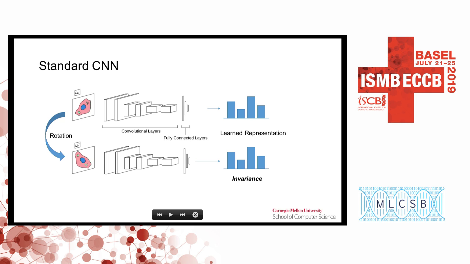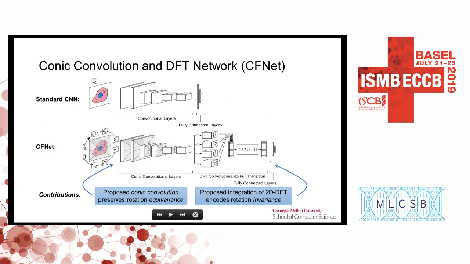So with these two properties in mind, they motivate our design of a novel network, which we've called the Conic Convolution and DFT network, or CFNet. In CFNet, we have two primary contributions. The first is we replace standard convolution with our proposed conic convolutional layers, which encode rotation equivariance throughout convolution.